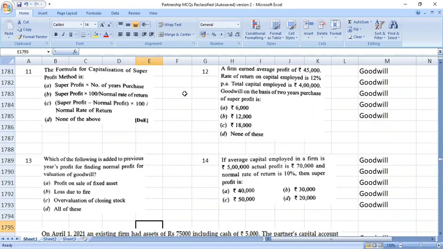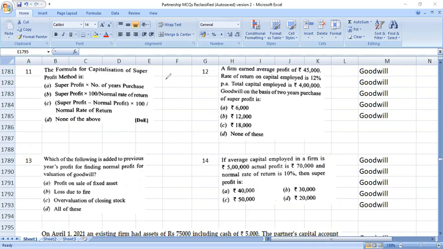Formula for capitalization of super profit method is super profit divided by normal rate of return, my dear children. A firm earned average profit of 45,000. Rate of return on capital employed is 12%. Total capital employed is 4 lakh. Goodwill on the basis of 2 years purchase of super profit.